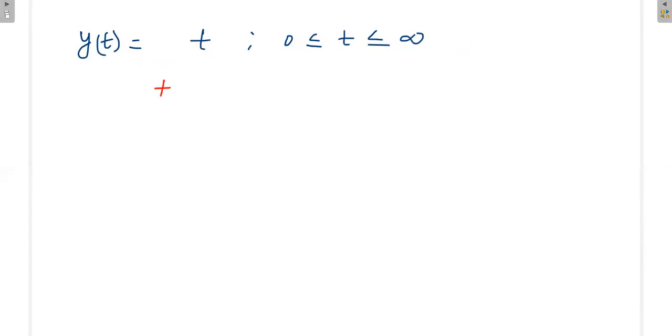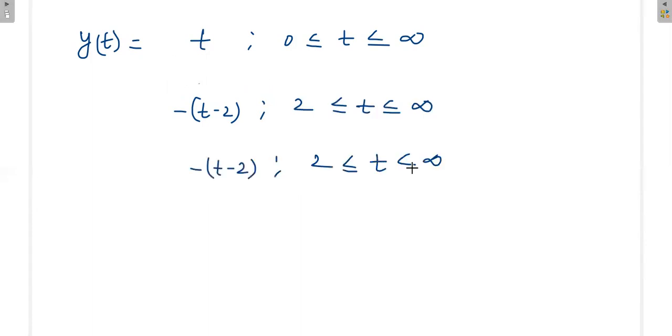Then we got minus t minus 2, from 2 to infinity. And the third one is the same. And then the fourth one is t minus 4.